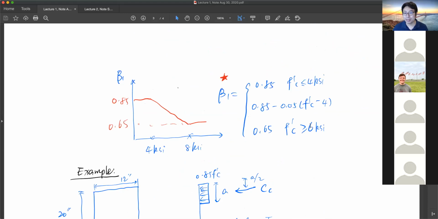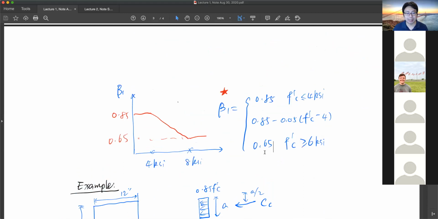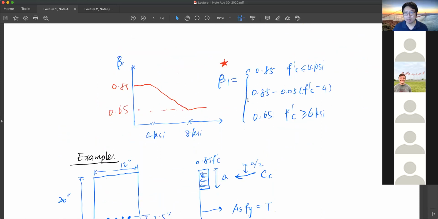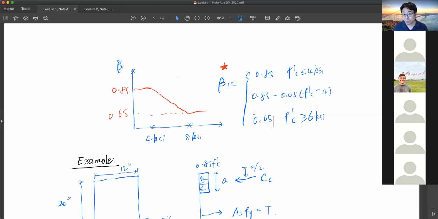There's a typo here; I believe the note I posted is correct, but there should be 8 ksi. Sorry about that. Once we have beta 1, we can go back and find c and follow the process to compute the moment. That is the general process to compute the nominal moment strength for a singly reinforced beam.